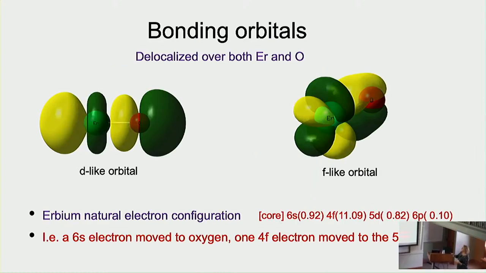Here are bonding orbitals. I don't know how much you can take from there, but there's a d electron present because f moved to the d. So there is some kind of distribution of this natural electron configuration.